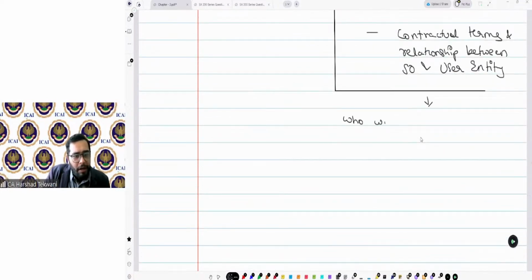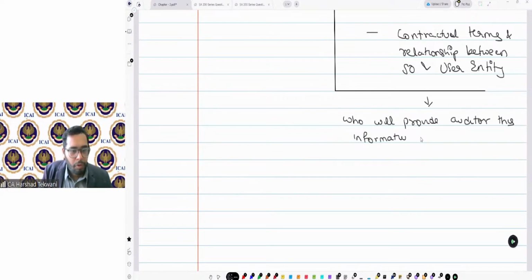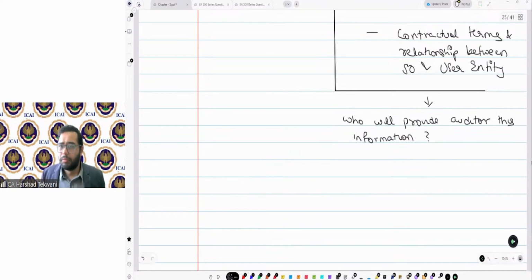Who will provide the auditor this information? What are the contractual terms, how the services are used, the materiality, and all those things. If you are the auditor, from where will you receive this information?